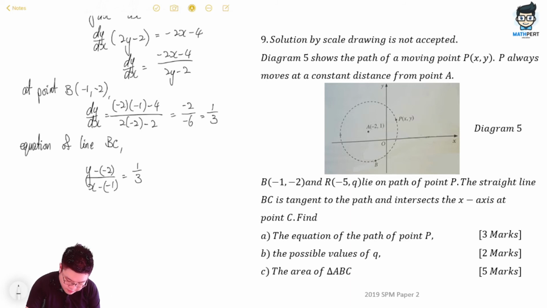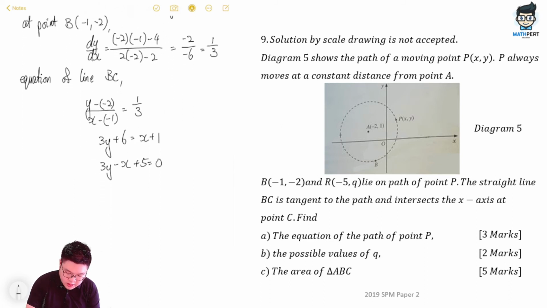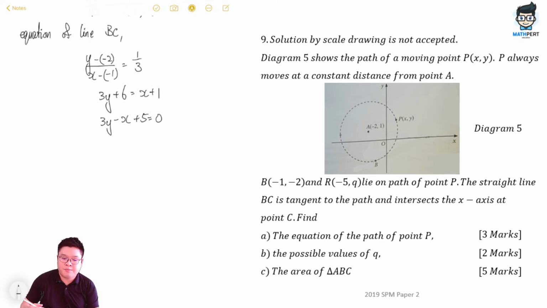So we cross multiply, we get 3y plus 6 equals x plus 1. Then we rearrange it and we get 3y minus x plus 5 equals 0. So this is the equation of straight line BC.